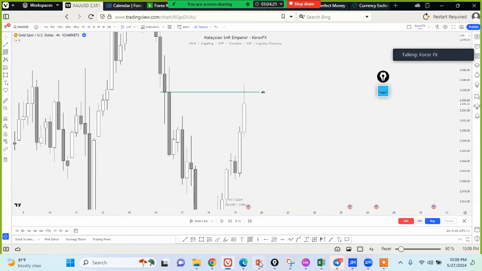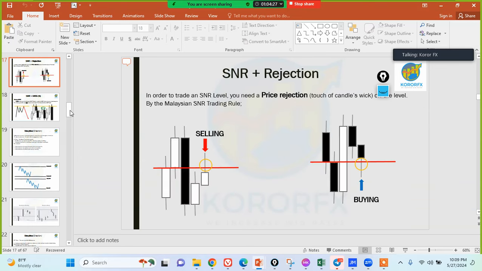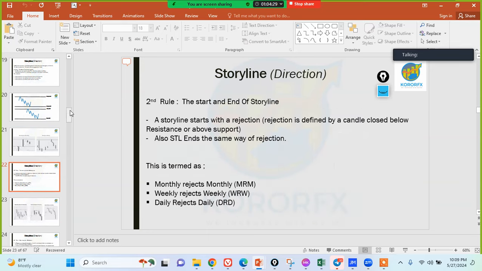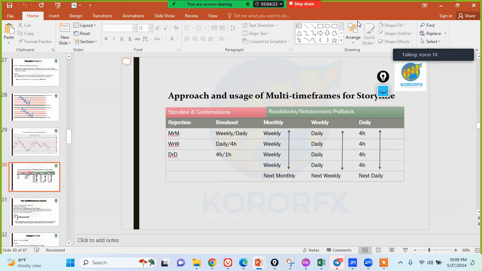Look here, the information that I gave you. Everything we do about the storyline must start from rejection and then break out, then understanding the roadblock or pullback or retracement.